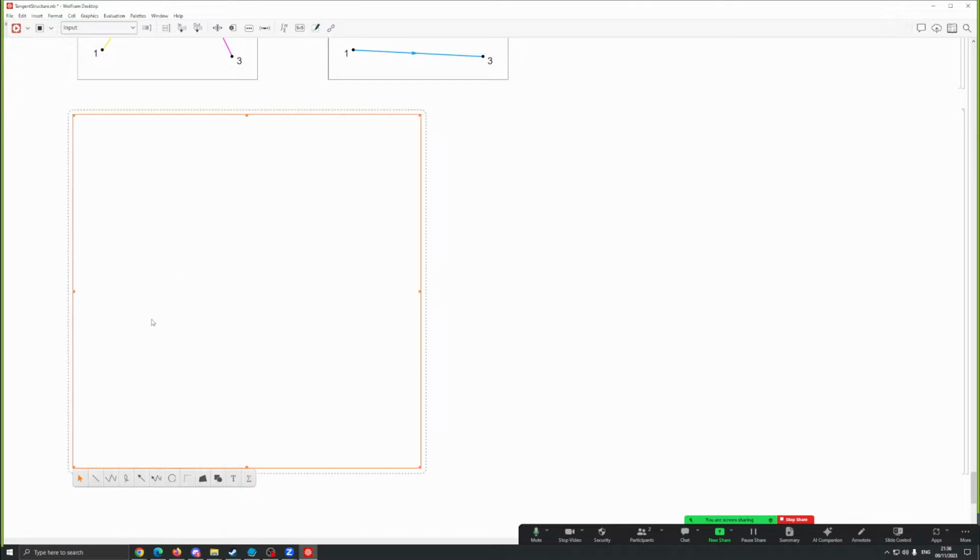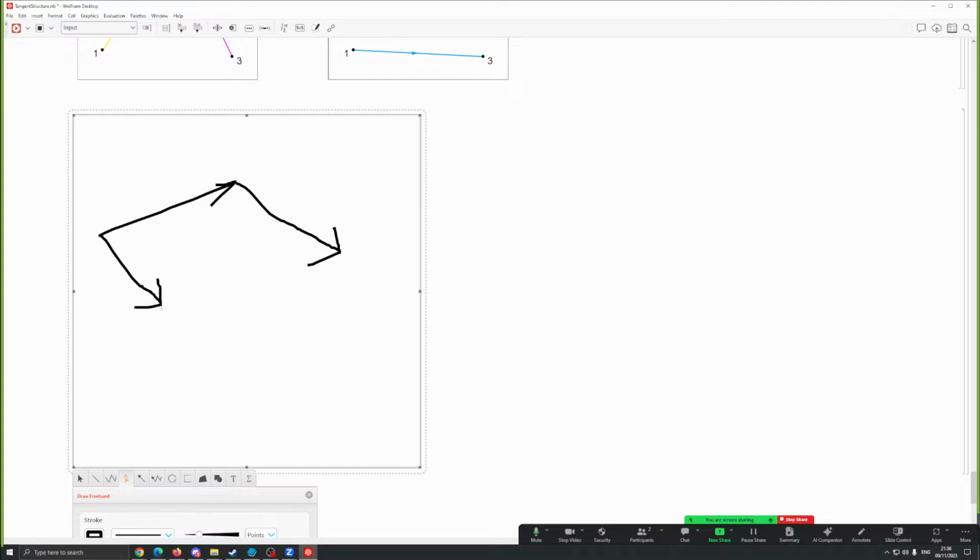Because you can say that if you have a parallelogram like this with these directions, right? And this is x, and this is y, right?